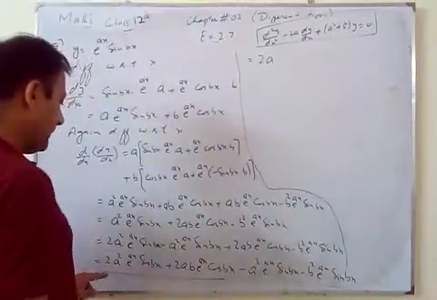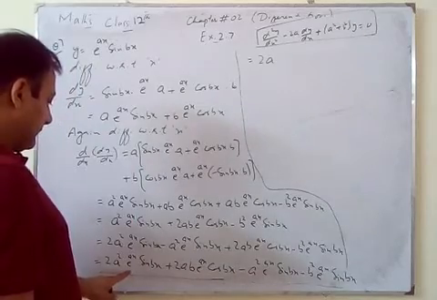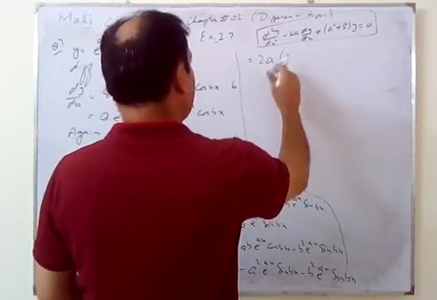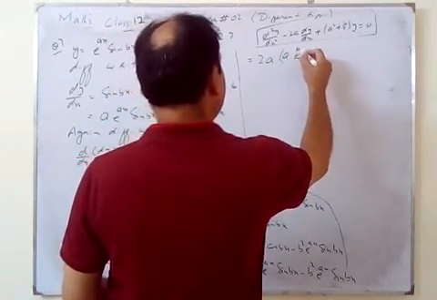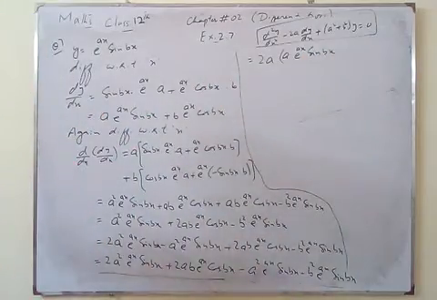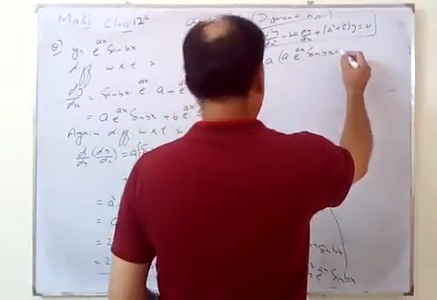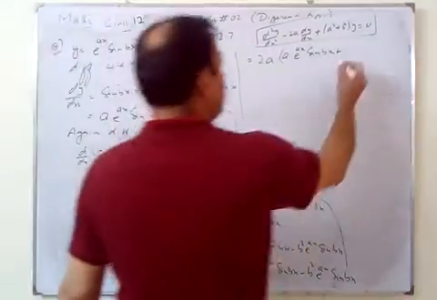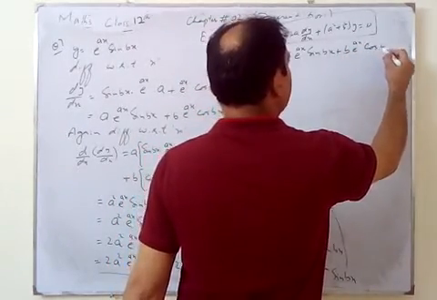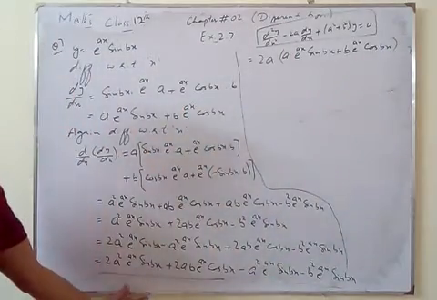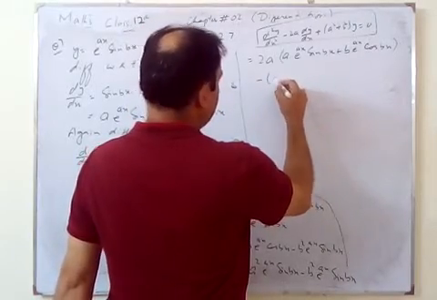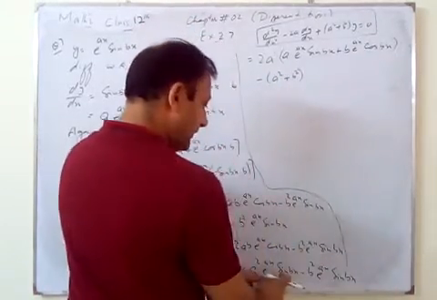Only take 2a, so remaining is a e power ax sin bx plus 2a is common, b e power ax cos bx. This is the common value from the first two, and then from these two, minus a square plus b square into sin bx.